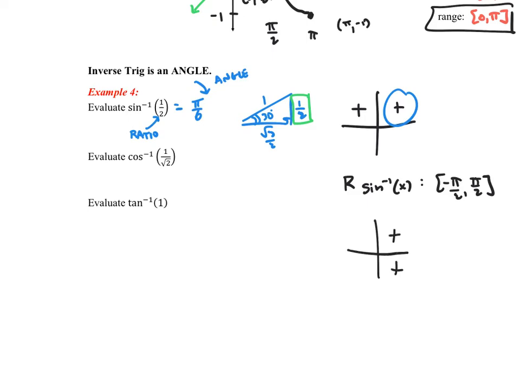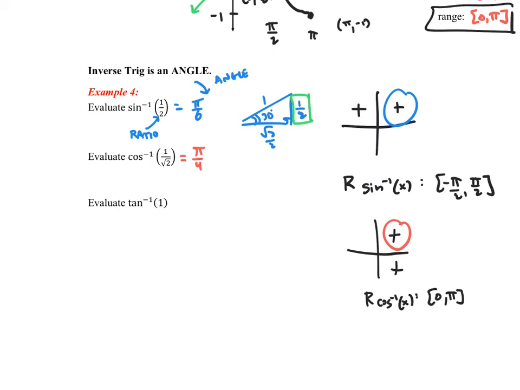Cosine is positive in the first and fourth quadrants. However, the range of inverse cosine is 0 to pi. Therefore, again, this will put me in quadrant 1. Quadrant 4 is out. That's not in that range. So 1 over root 2 should tell you pi over 4 when you're in quadrant 1, and then appropriately scaled as you go from quadrant to quadrant.